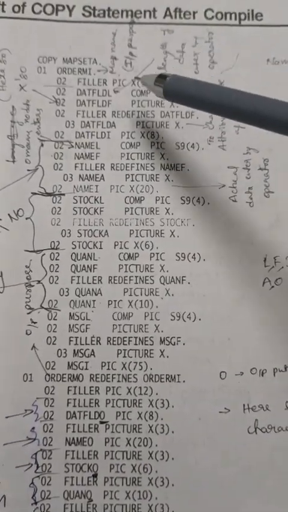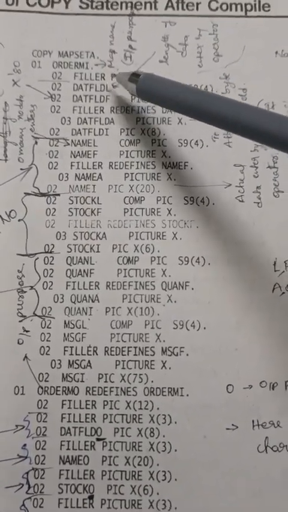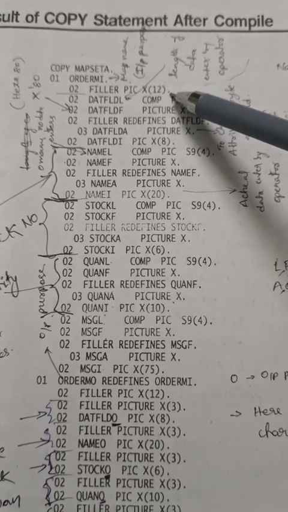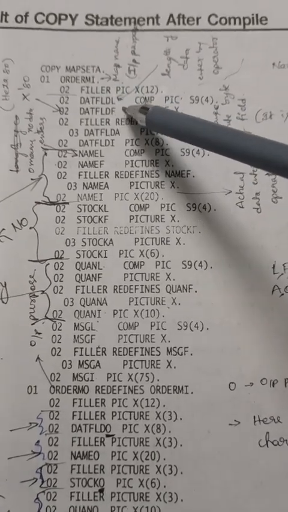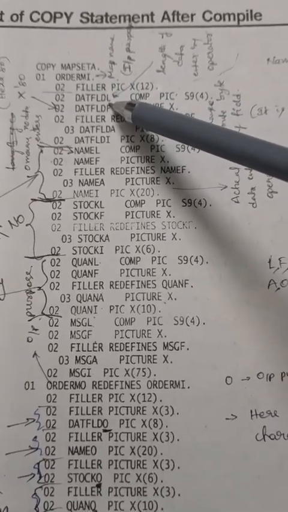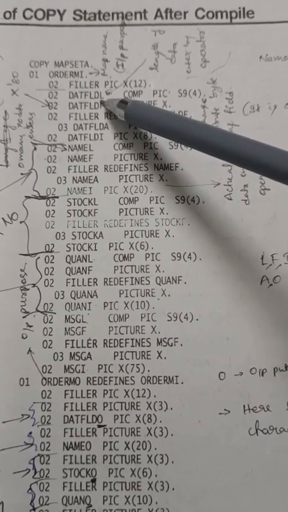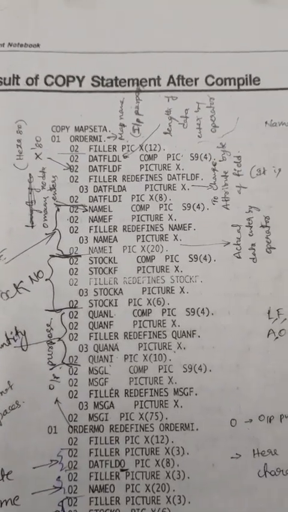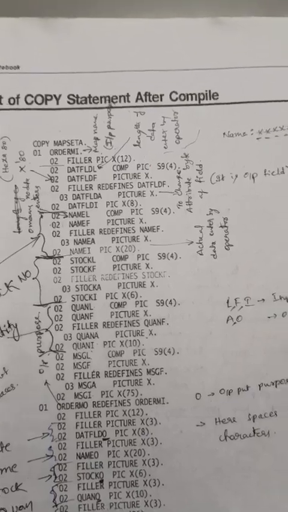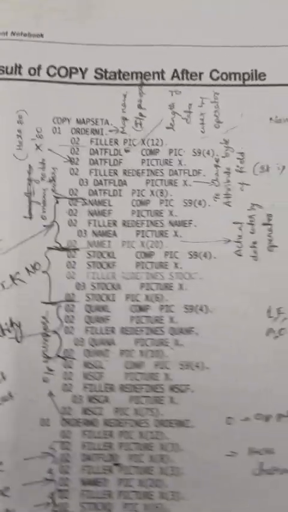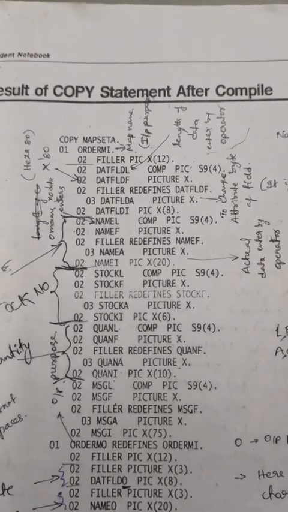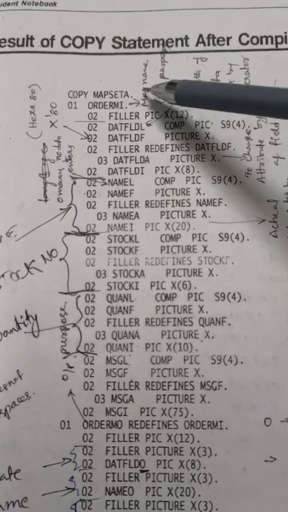Coming to the symbolic map, initially it will generate 2 bytes of filler, and next is a length field. If you revise yesterday's macro, you defined the first field as the date field. For the date field, it will first generate the length field.